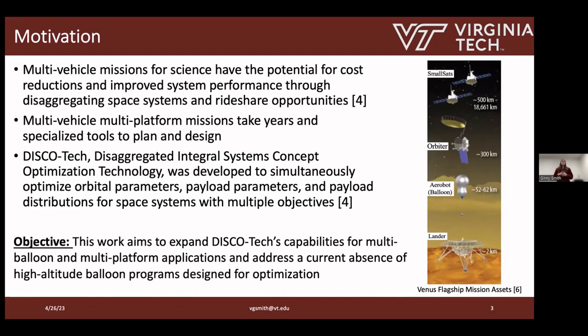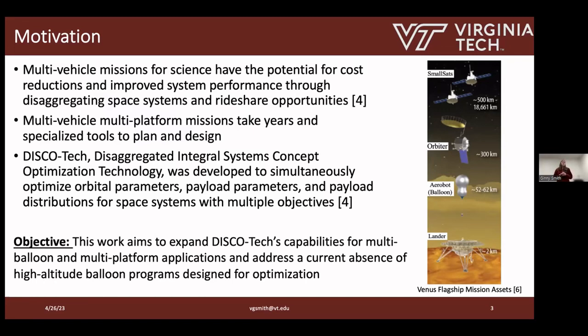One of the tools developed that looks at disaggregated space systems and technology is called Discotech. It was developed here at Virginia Tech in-house. You can see what it stands for there, but it was developed to simultaneously optimize orbital parameters for satellites, payload parameters, and payload distributions for space systems with multiple objectives.